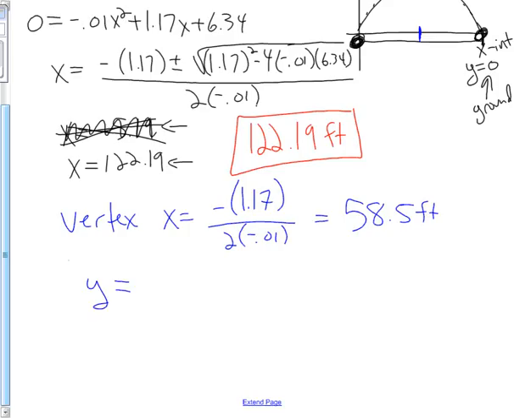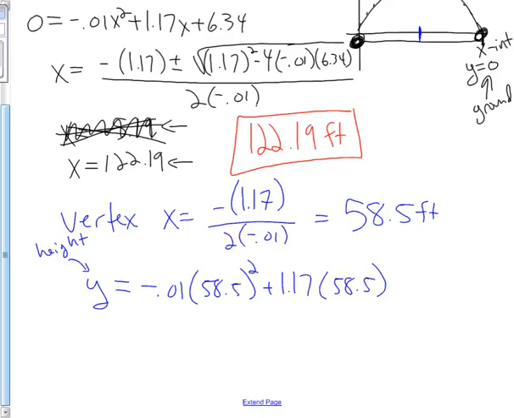So the y value, or the height, would be negative 0.01 x squared plus 1.17 x plus 6.34. So type all that in, and I got that y equaled 40.56 feet. All right, and that is the y, so that is the height.